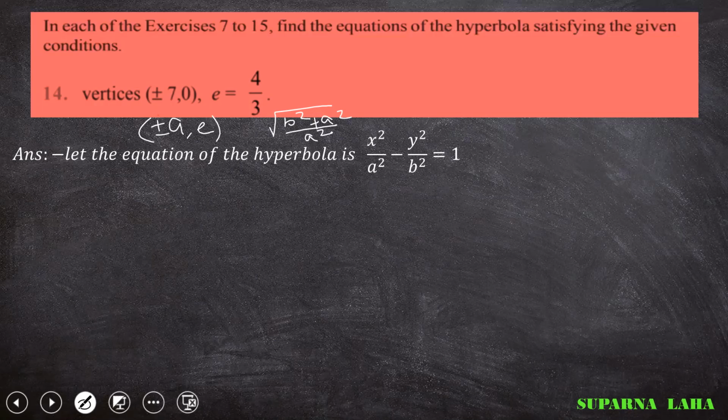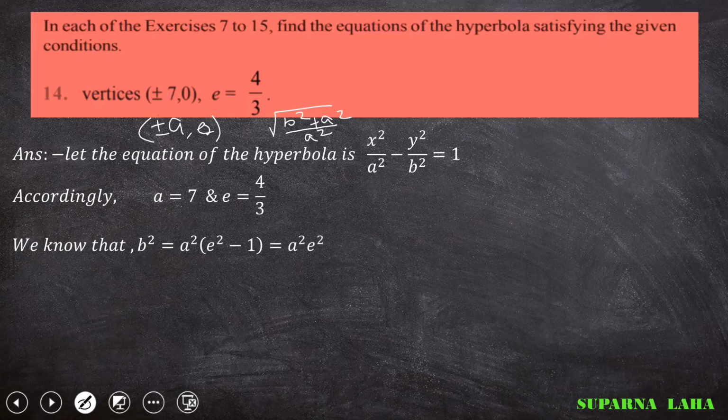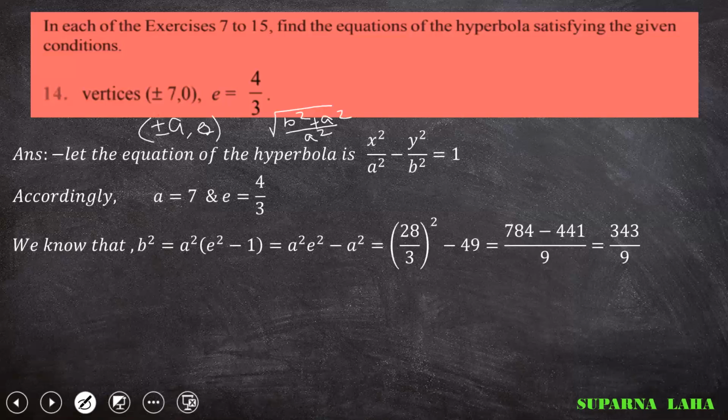Okay. Now a is equal to 7 and e is equal to 4/3. So you can easily find the value of b², that is a²(e² − 1). So put that value and just find the value. 343/9 is the value of b².